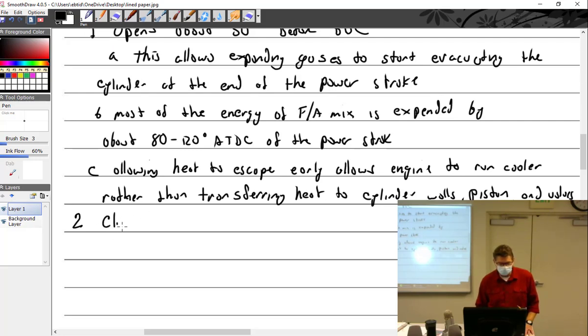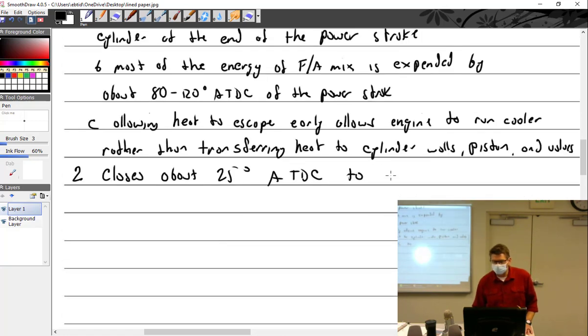It closes about 25 degrees after top dead center to allow inertia, we're coming full circle here, to scavenge remaining exhaust gases.